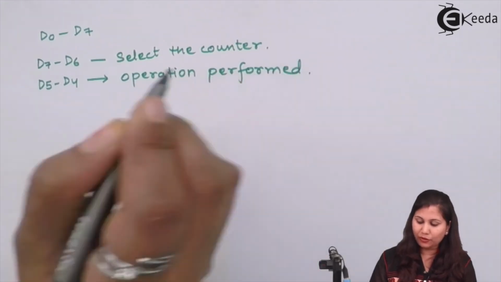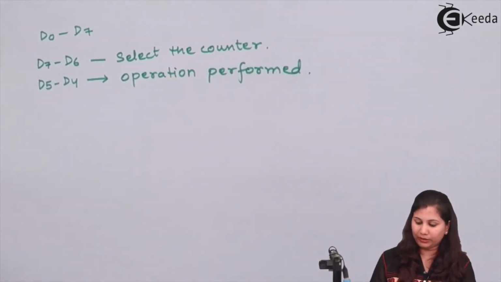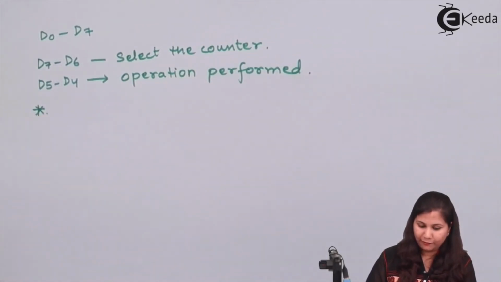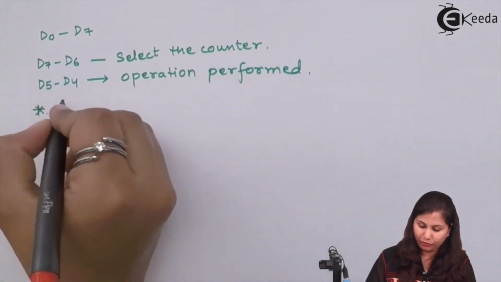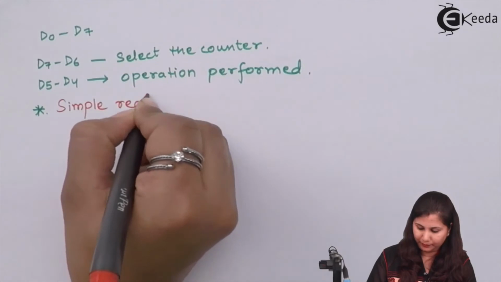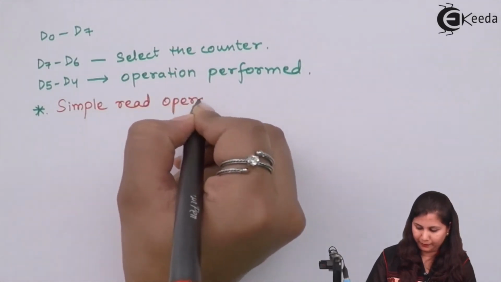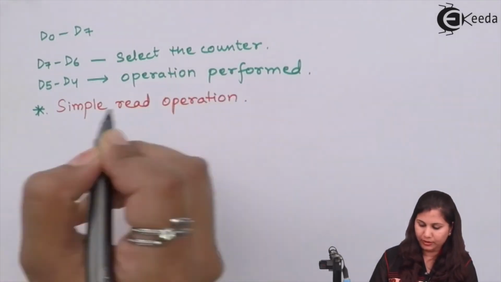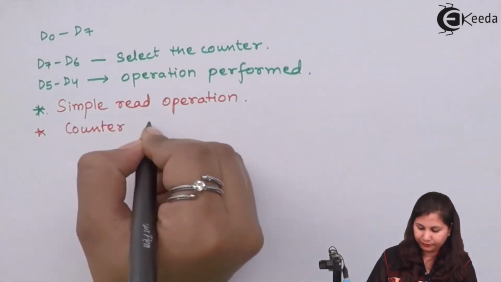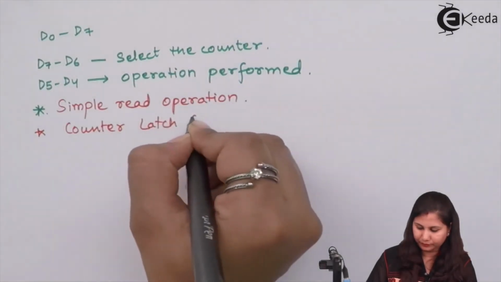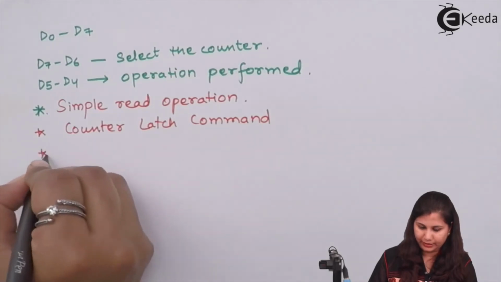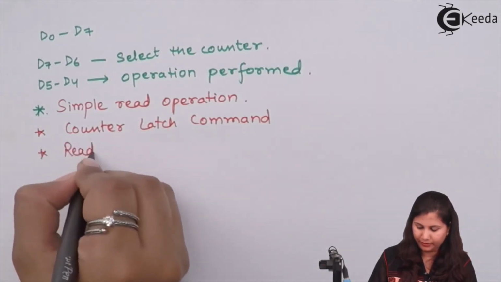Let's come to the various types of operations performed by the counter. There are three operations. First is a simple read operation. Then comes the counter latch command. And then we have the read back command.